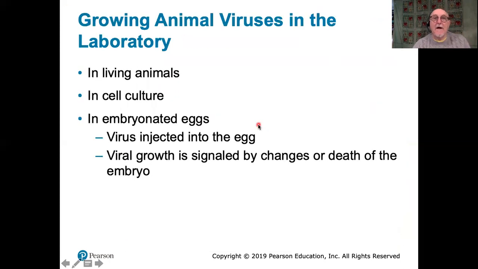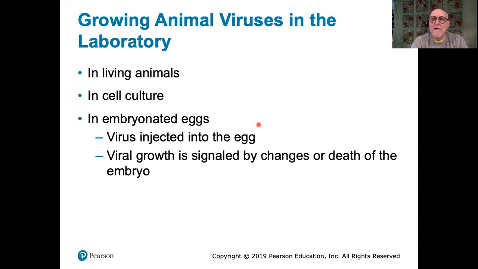So, growing bacteriophage is relatively easy. Growing animal viruses is a lot more difficult. And this was an impediment to the study of viruses for many, many years, until systems were developed whereby we could actually grow viruses reliably.